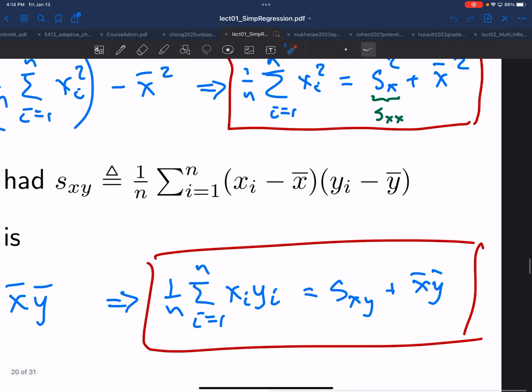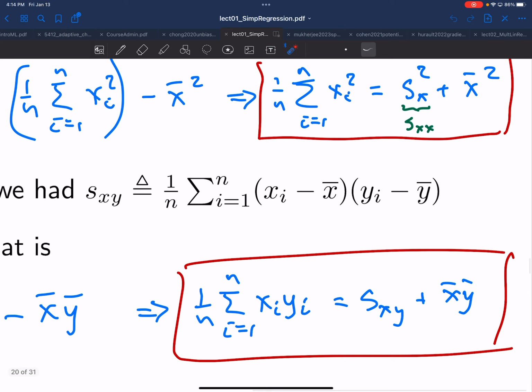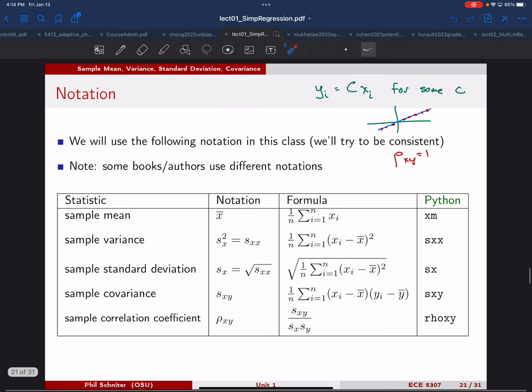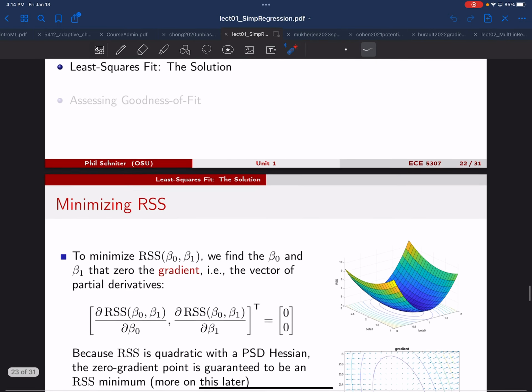And then we have a similar one for this cross statistic between X and Y. If you're looking at the average product of xi, yi, that's going to be your cross covariance plus the product of the sample means. So we'll see why those are useful in just a little bit.